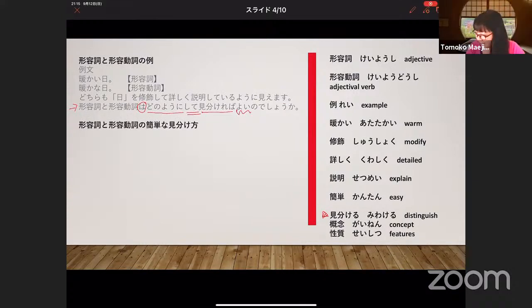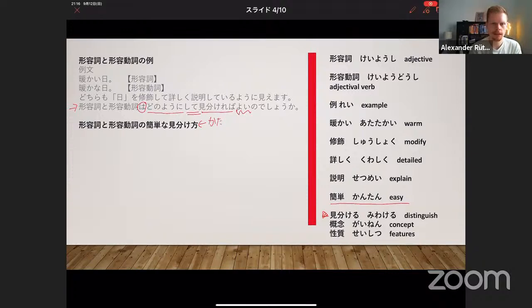Okay, next line, please. 形容詞と形容動詞の簡単な見分け方. 見分け方, kata means way. 簡単な, 簡単だ is also an adjectival verb. 簡単 means easy.